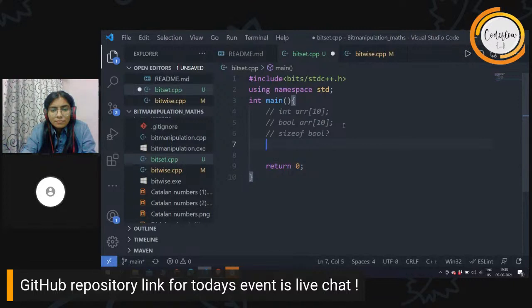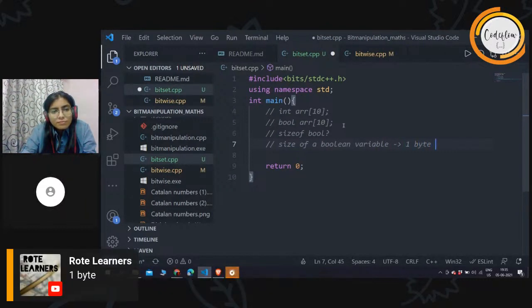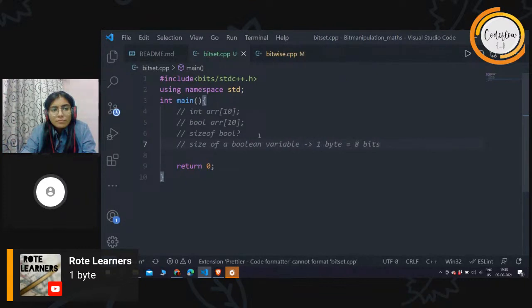Please be very specific when you are answering. One bit or one byte? One byte, of course. The size of a Boolean variable is one byte, and that is equal to 8 bits. Makes sense. This is a normal thing that our college has taught us, that one byte has 8 bits and a boolean is 8 bits.